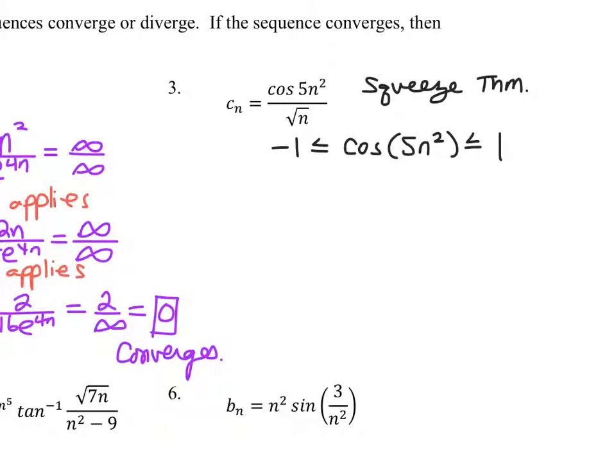But what I need is the limit as this approaches infinity. So what I'm going to do is build this fraction from this inequality. You can multiply, divide, take a radical, whatever you want to do to an inequality, as long as you do it to each part of that inequality. All right? So what I want to do is divide each part by the square root of n.